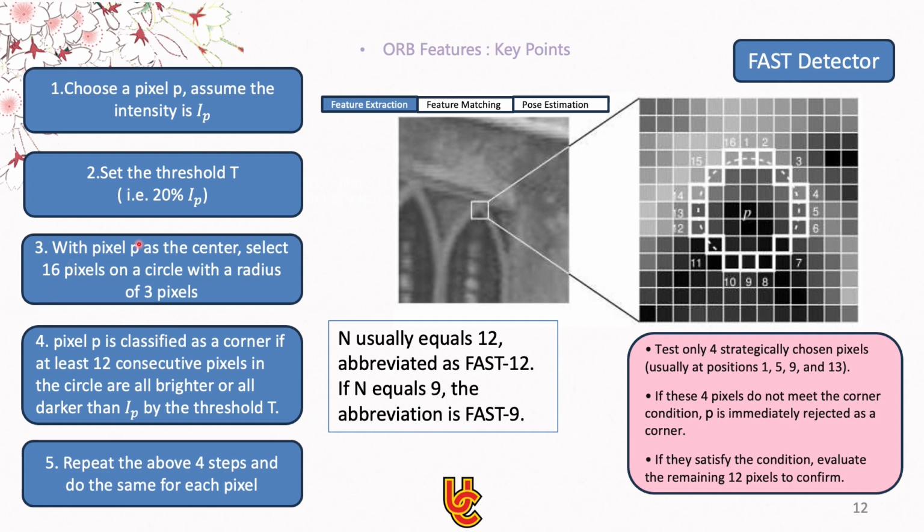And third, with the pixel P as the center, select 16 pixels on a circle with a radius of 3 pixels, like this. Fourth, the pixel P is classified as a corner if at least 12 consecutive pixels on the circle are all brighter than or darker than IP by the threshold, which means 120% of IP or 80% of IP.